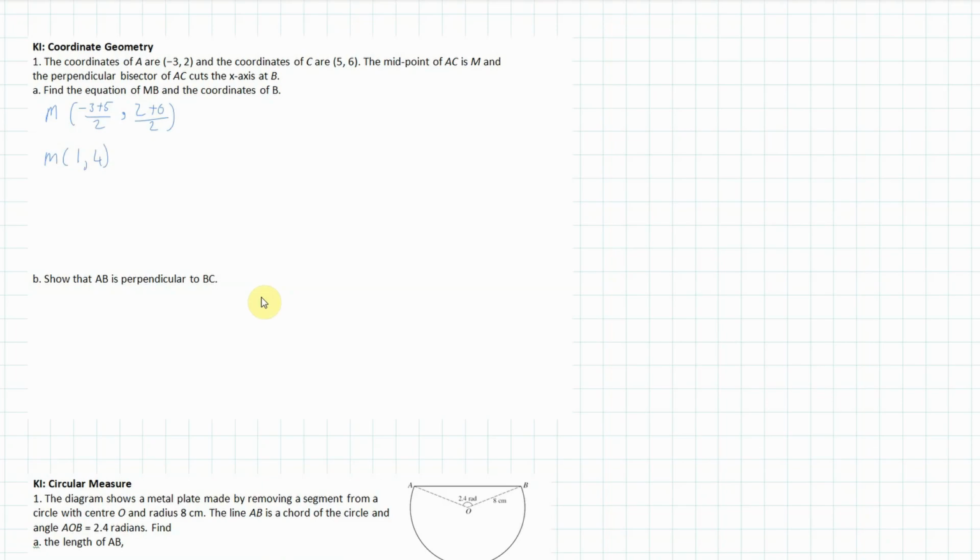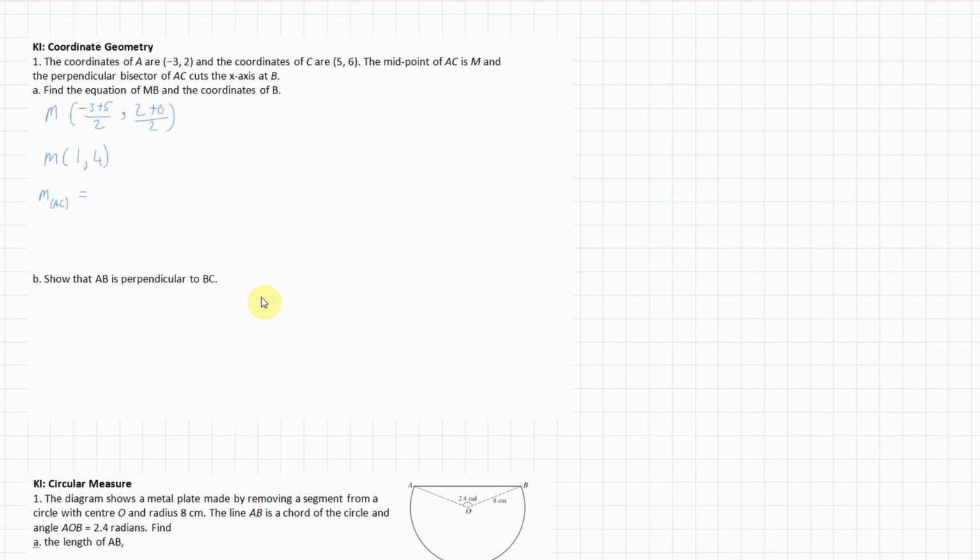And we know that M, the perpendicular bisector, cuts the x-axis at B. Okay, so we want to find the gradient of AC first.